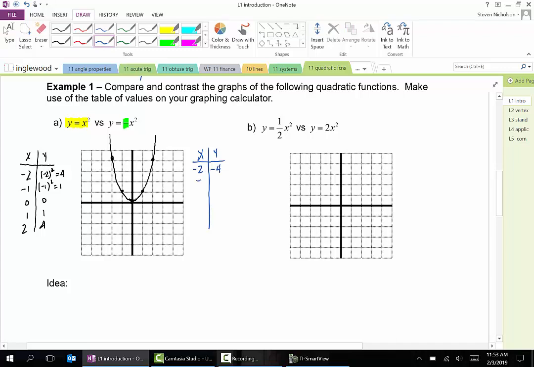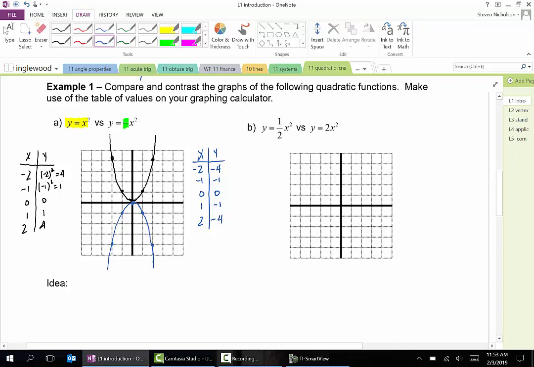Negative 2 is negative 4, negative 1 is negative 1, 0 is 0, 1 is negative 1, and 2 is negative 4. And when we plot that, they share the vertex, but this one is a parabola that faces down.